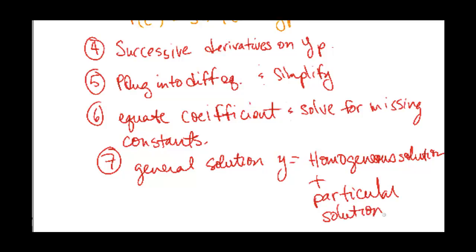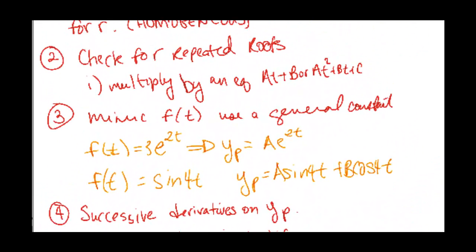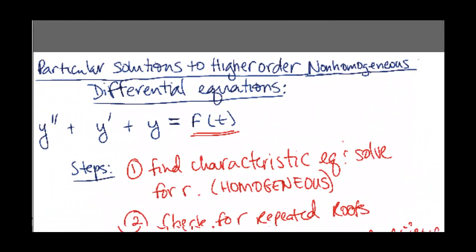Now, in some of the more complex problems, you'll have to do multiple particular solutions, and then you can use what's called the superposition principle. There'll be a video dedicated to that specifically. But these are the steps that you will need for solving for the particular solution.